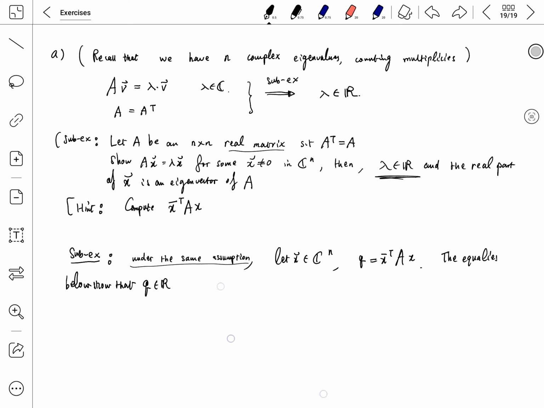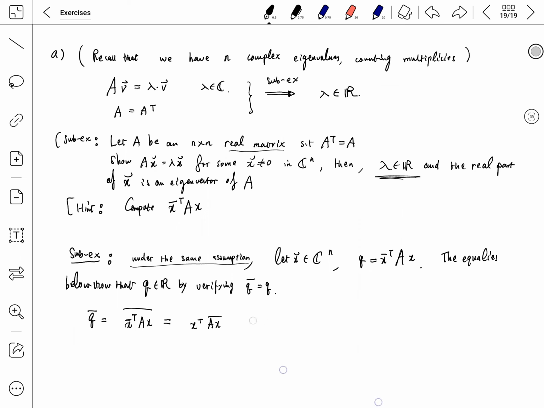by verifying the conjugate of Q equals Q. Q bar equals the conjugate of x bar transpose Ax, and this further equals, so the conjugate transpose and then taking the conjugate is the same as the transpose.